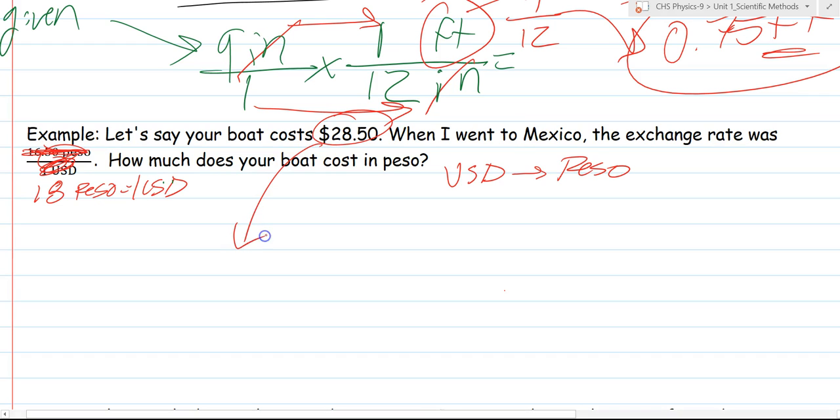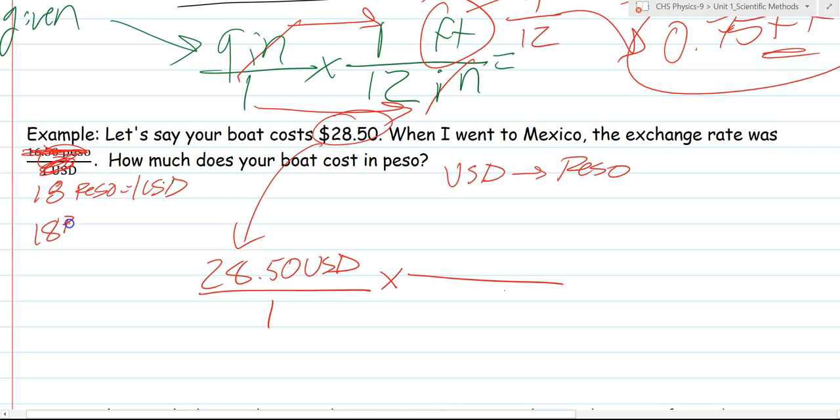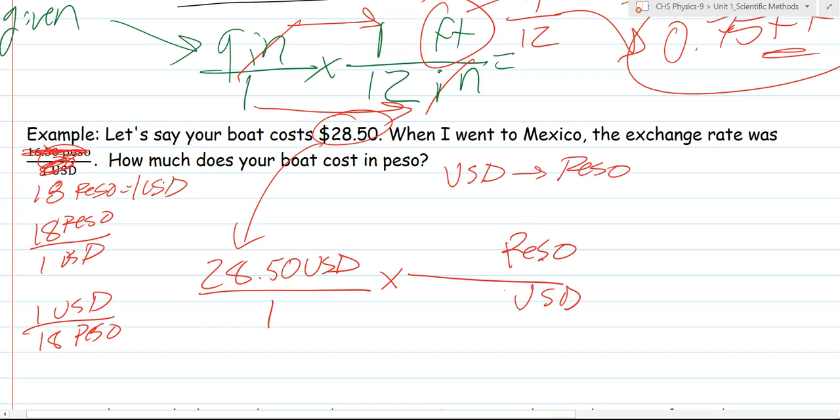All right, so dimensional analysis. We take our given. So I've got my 28.50 USD. I'm going to put that over 1. And then I'm going to multiply by a ratio. It's either going to be 18 peso over 1 USD or 1 USD over 18 peso. Okay. I want to get rid of US dollars, so in order to do that, they have to be on the top and the bottom. So US dollars have to go on the bottom, and I would put peso on the top. So we got 18 and 1.